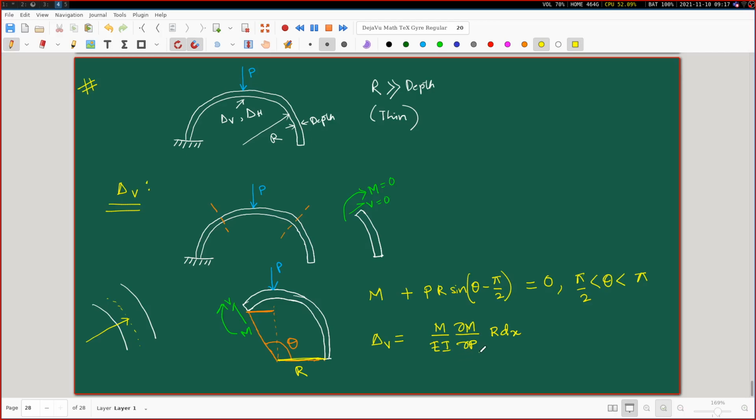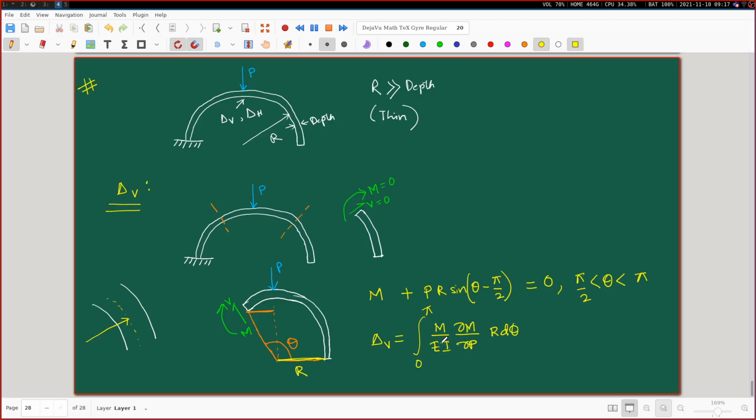Here the elemental line segment will be an elemental arc. So this arc is r d theta. It will be r d theta. So this is like the ds. ds is equal to r d theta, like that. And correspondingly, this angle theta will go from 0 to pi.